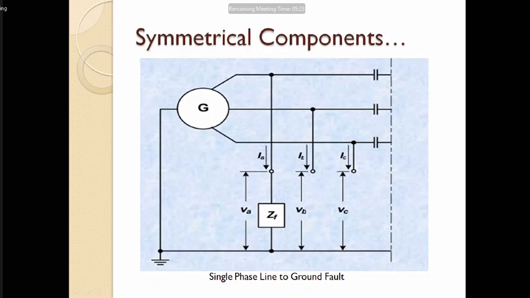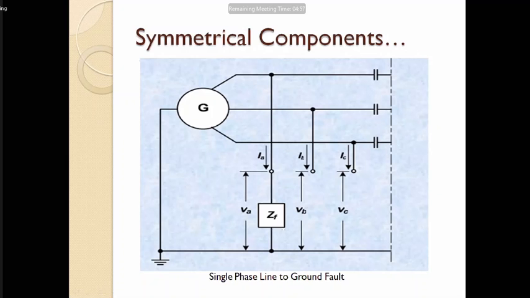Frank, tell us. Look at me. Is it Tano? Phase A current is equal to V over ZF. No, that is the sequence domain, not the phase domain.